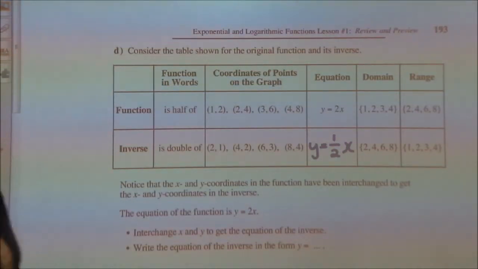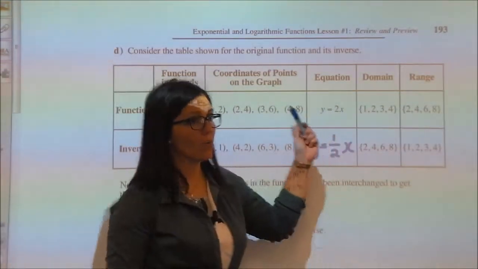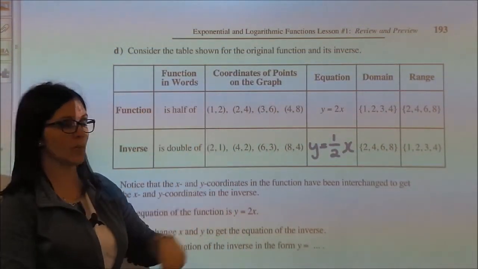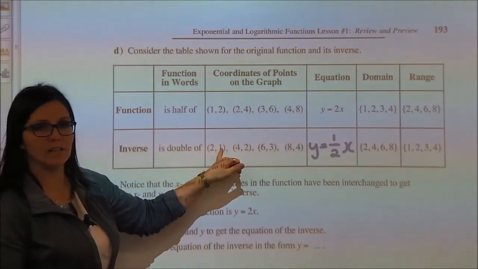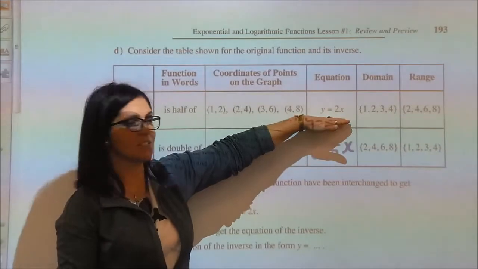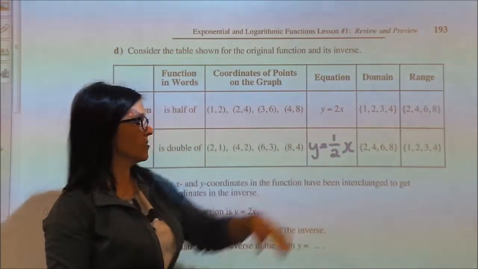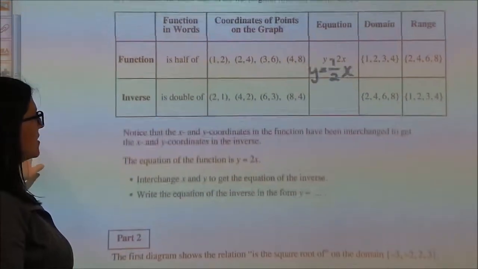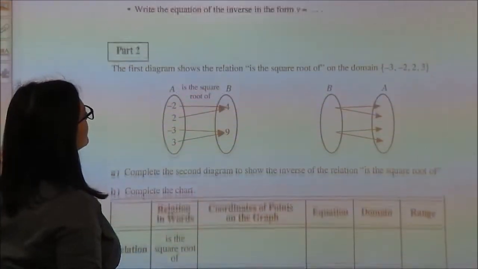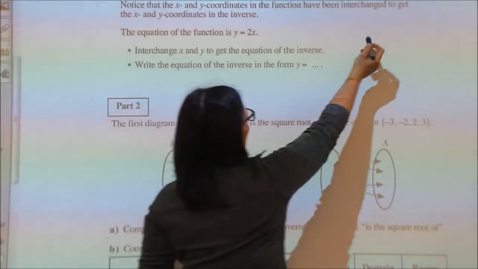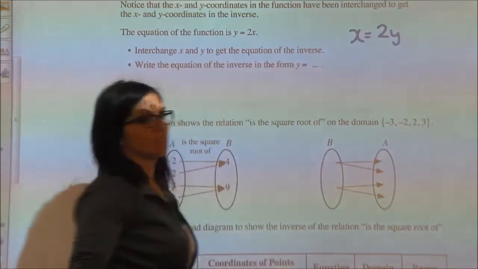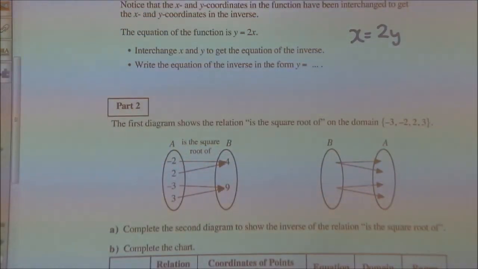Well, if you notice, what we did with the coordinates is we interchanged them. The x's became y's, the y's became x's. I can do that in this equation. So if I interchange the x and the y in the equation, instead of y equals 2 times x, I have x equals 2 times y.